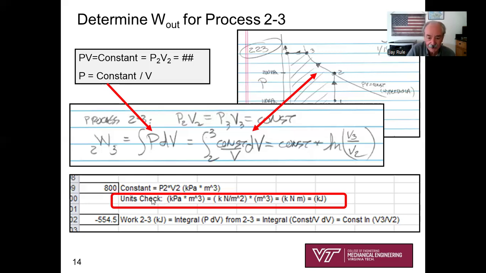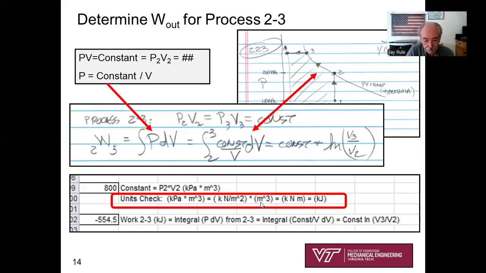I did a units check. So do you see P2 times V2? I've got kPa times cubic meters. How does that work out in terms of units? Well, I've got to remember what a Pascal is. A Pascal is a Newton per square meter. See that? I've got a K over there. So I've got this K trailing along, cubic meters.